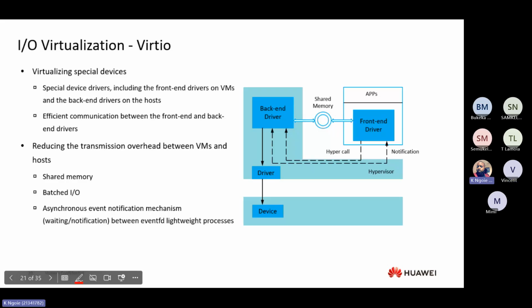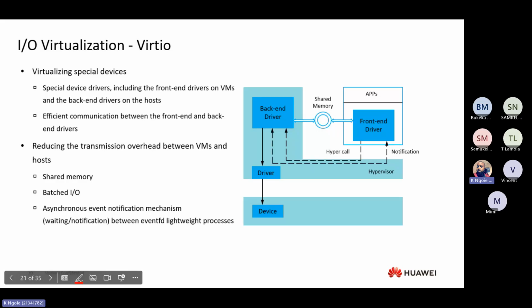All right, perfect. So we now have the back end driver, the front end drivers, and different drivers and devices, which we can actually virtualize using the hypervisors. We have special device drivers, including the front end drivers on the virtual machine and the back end drivers on the host.